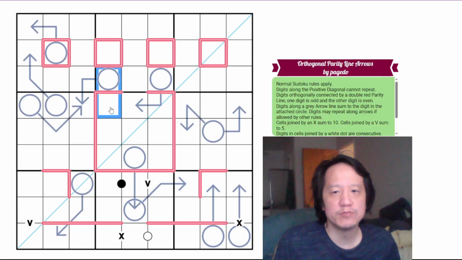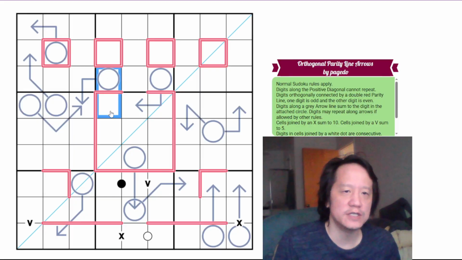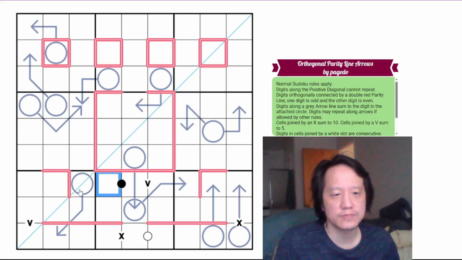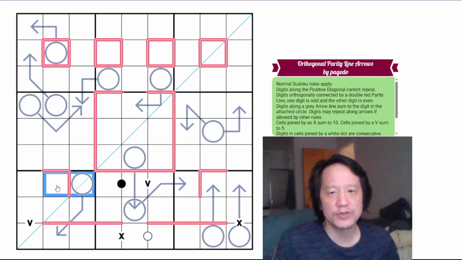And so one of them is odd, the other one is even. That's the same along this parity line. Along this parity line, one is even and one is odd. One of these is odd, one of these is even, and so on. So that's the orthogonal parity line part of this puzzle.